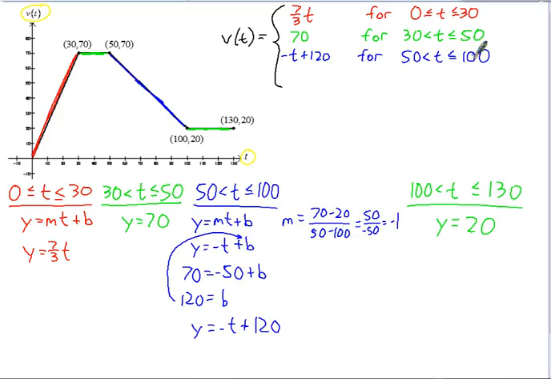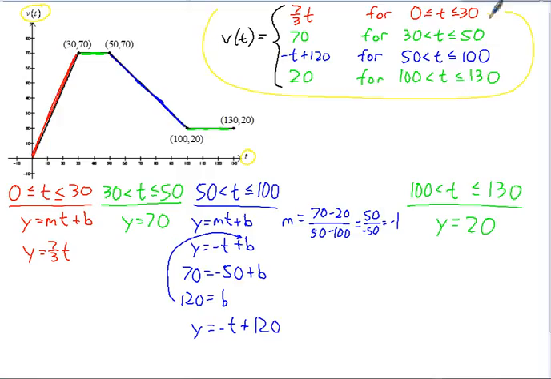And the fourth and final piece was just 20 for 100 less than t less than or equal to 130. So there's our piecewise function.